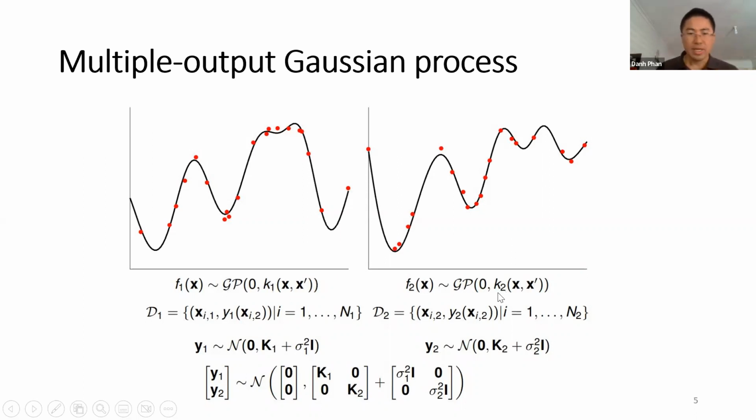And if we want to model the 2 data sets together, we can stack them into a bigger column vector called Y1, Y2 here.